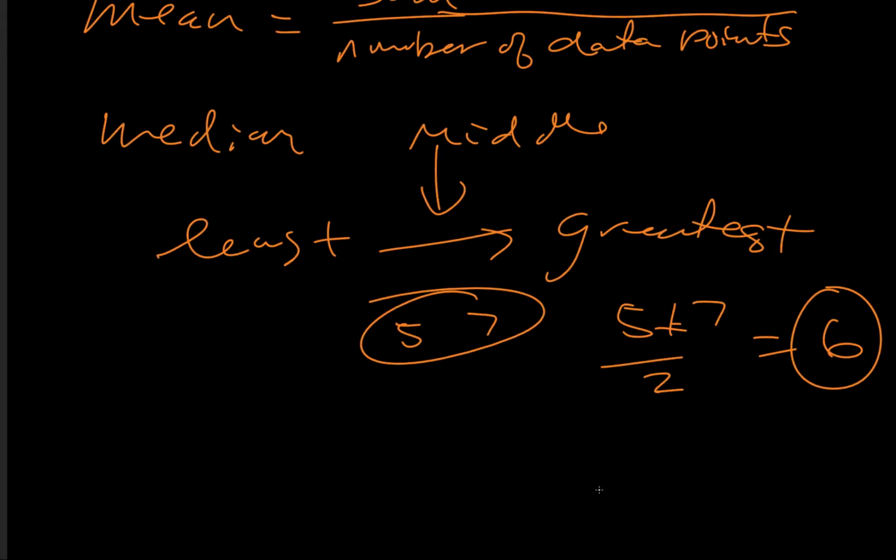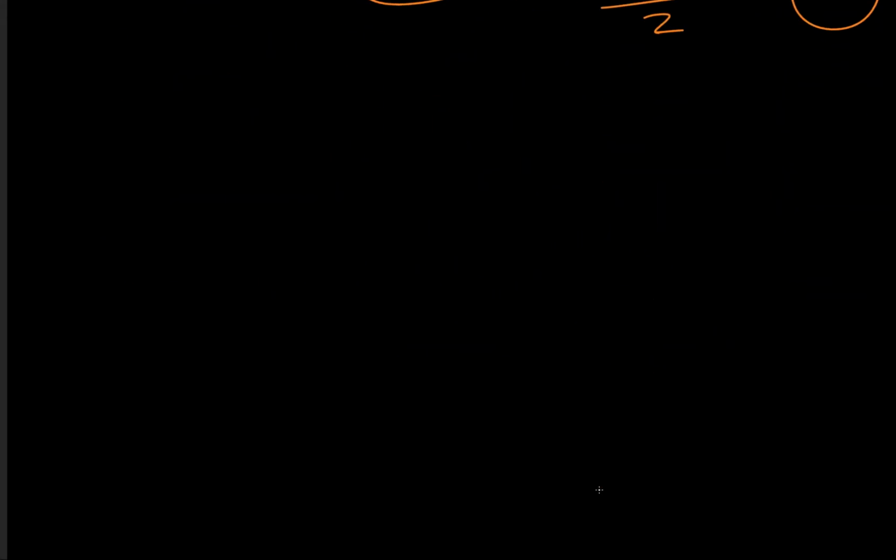Alright, so now we're going to look at example number 1. We have a bunch of data, so let me write that on the screen. This is all single-digit data.